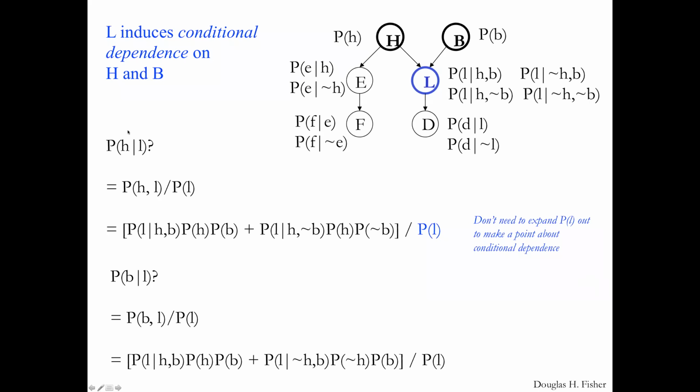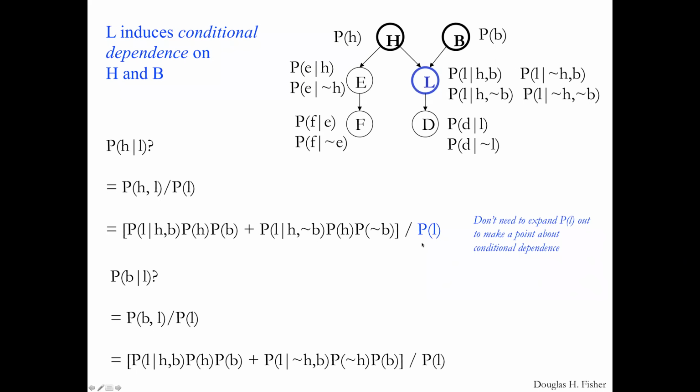So let me just lay a little bit of groundwork here. What's the probability of H given L? A particular L value in this case. I just solve this the regular way. That's the joint probability divided by the probability of the conditioning information, and I would get this.